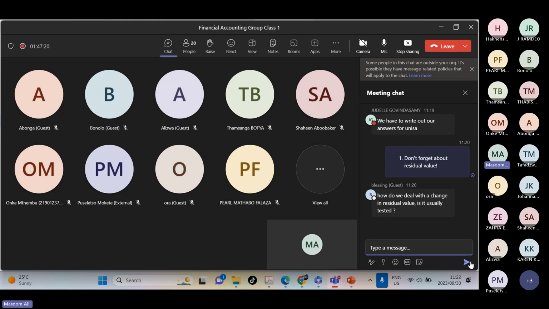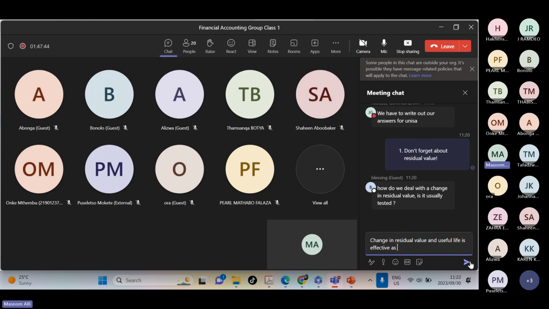You're going to calculate what your depreciation using your new residual value is, and what your depreciation using your old residual value is. That's going to be your change in depreciation on an annual basis, and then you're going to draw it up. This is more of a disclosure issue than a calculation. And remember, change in residual value and useful life is effective from the beginning.